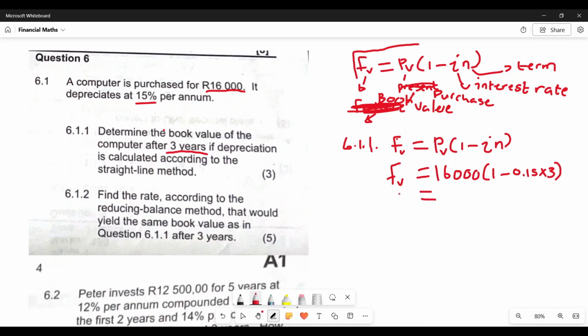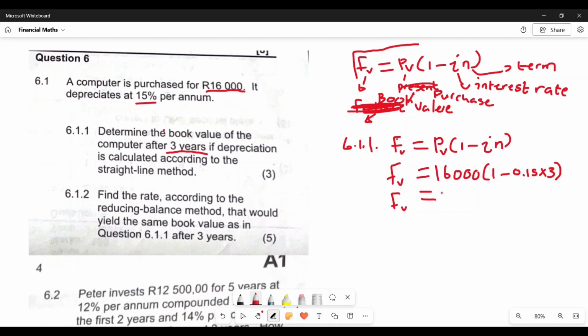Therefore, if we type into our calculator, what is 1 minus 0.15 times 3? That gives us 0.55.